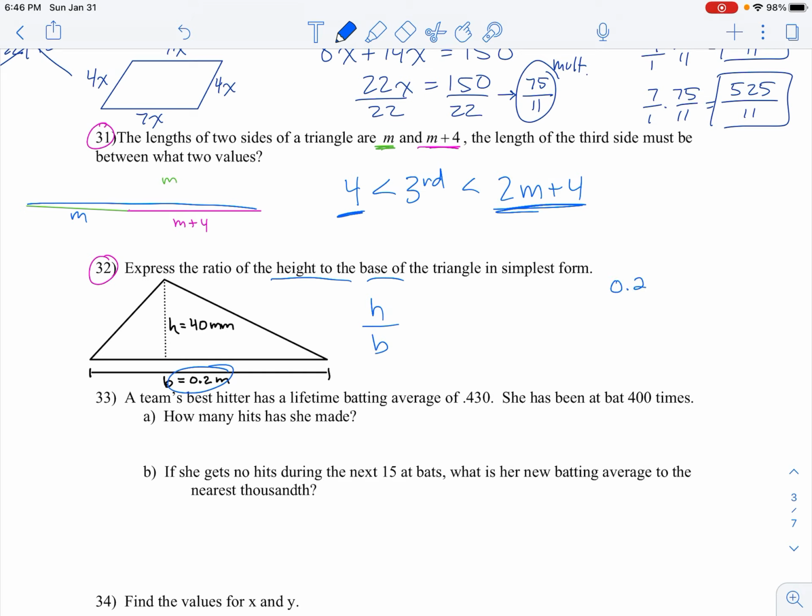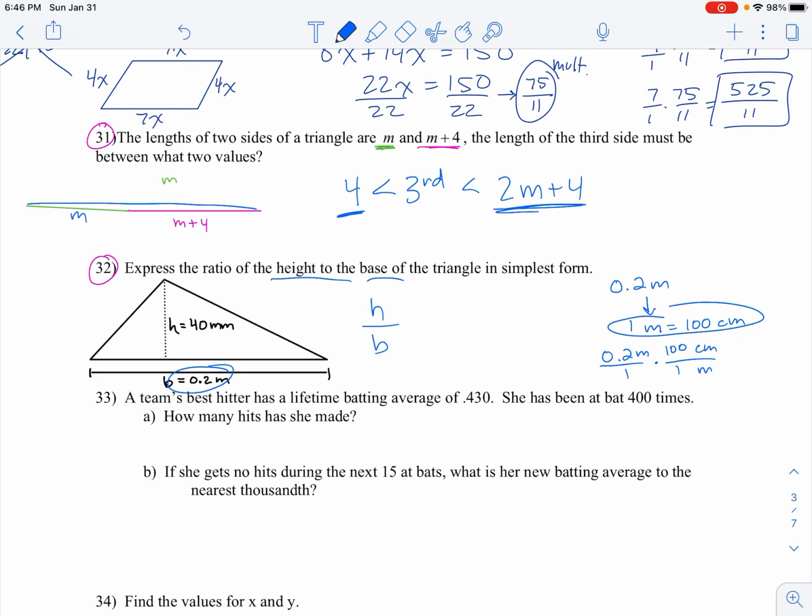So 0.2 meters. First, I'm going to change into centimeters. I know that 1 meter is equal to 100 centimeters. We haven't talked really about this, but what I would do is some dimensional analysis. 0.2 meters over 1, and I'm going to multiply by a fraction, and I want my meters to cancel out. So I'm going to multiply by 100 over 1.